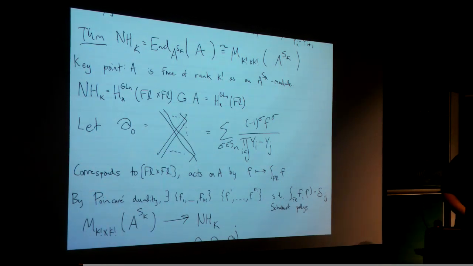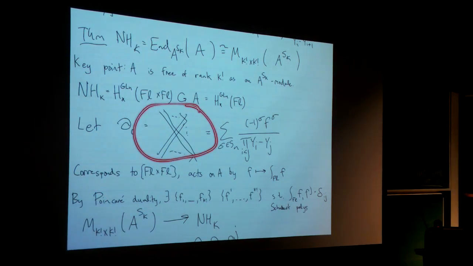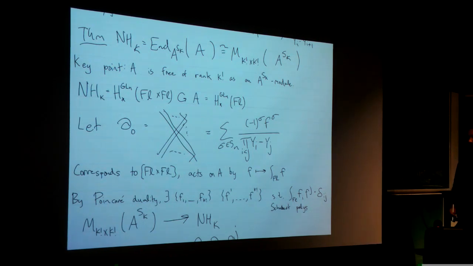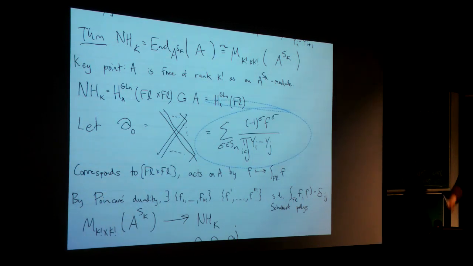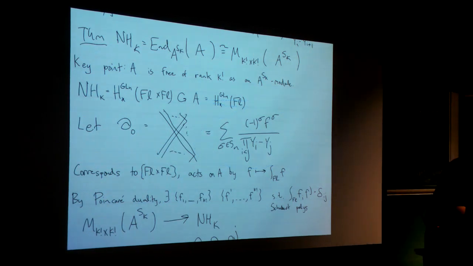And there's one special element, taking the half twist of all the strands with no dots. That acts by this operation, which had come up in Pong's talk, of anti-symmetrize and divide by delta. This is the polynomial that she was calling delta.